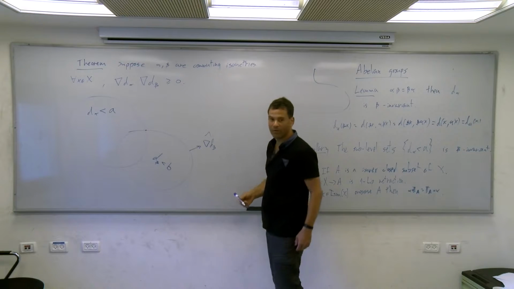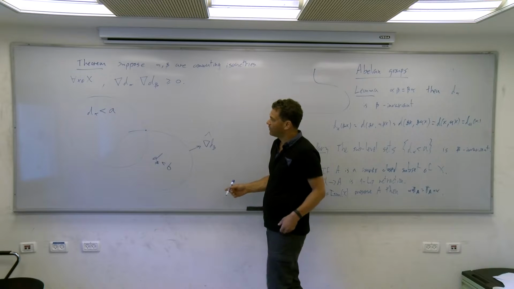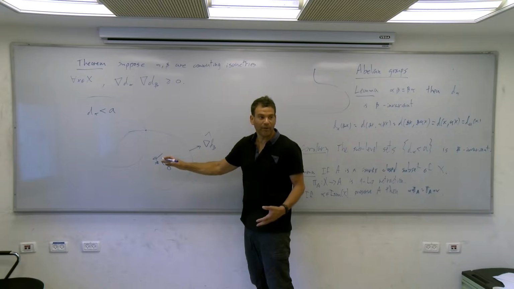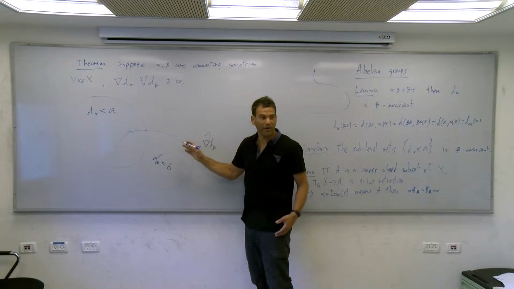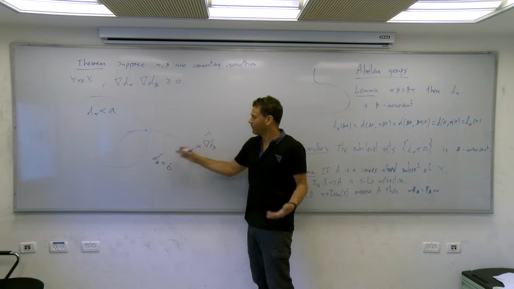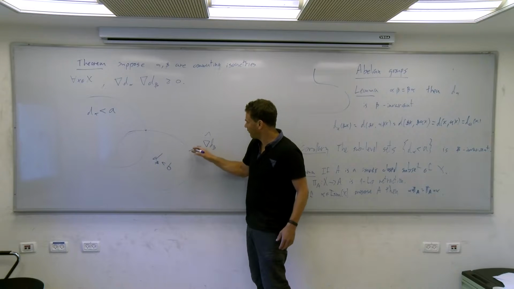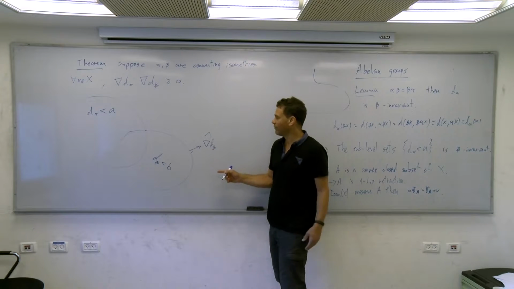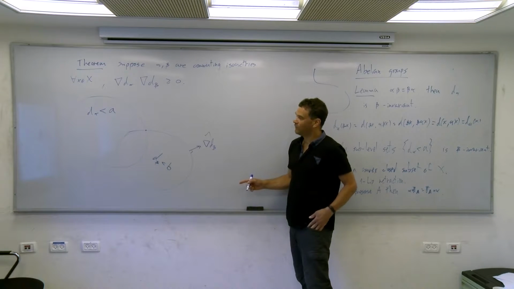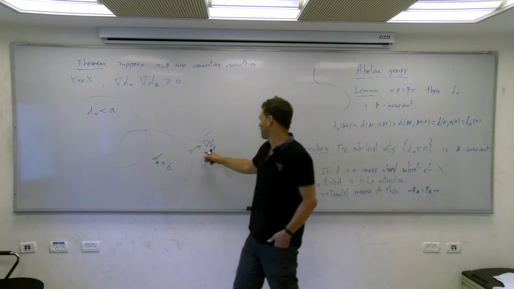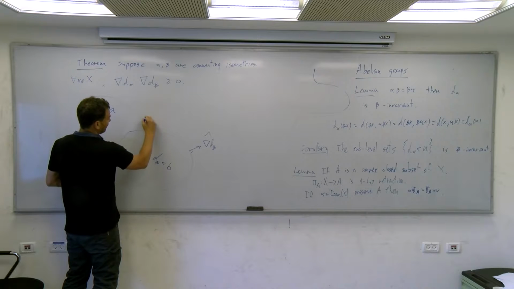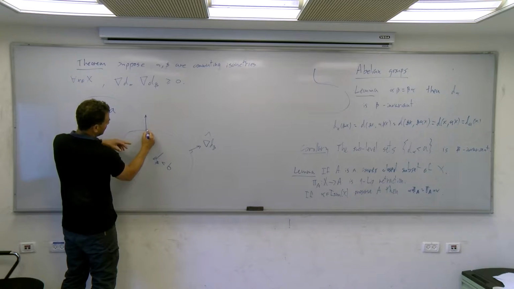It's even on the boundary, or at any point? What do you mean by boundary? If I have a sublevel set, the level set is the boundary of the sublevel set, and the external normal is in the direction of the gradient. So here the external normal will be in this direction, and here in that direction.